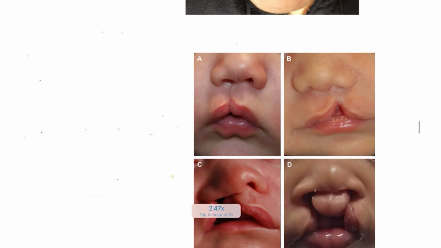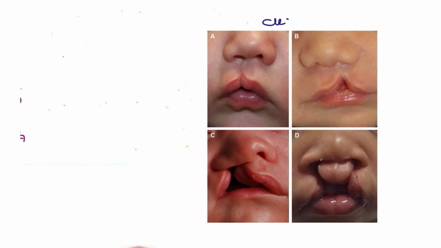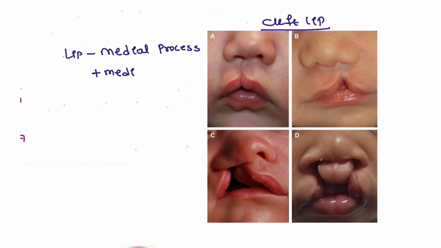Okay, next coming to the cleft lip. This patient is having a cleft lip. What is the mechanism of the cleft lip? This is due to the maxillary process and the medial nasal process.